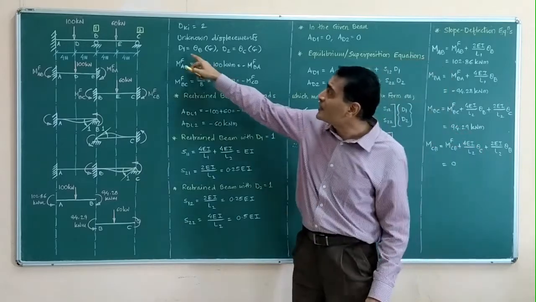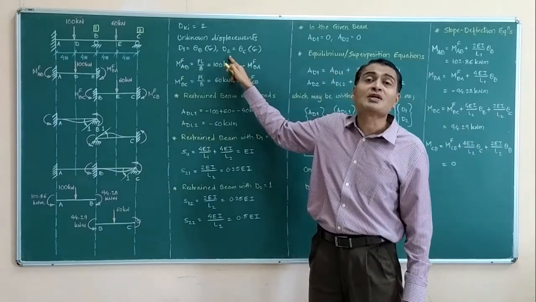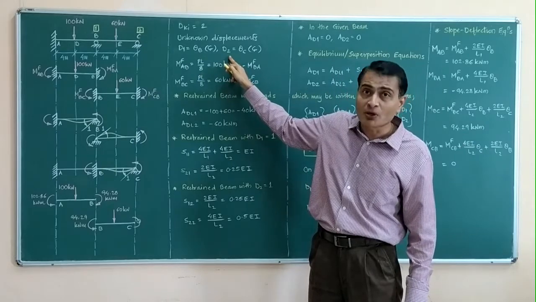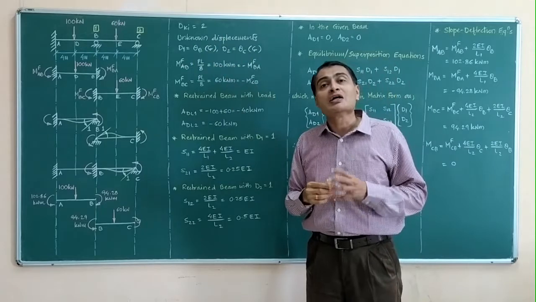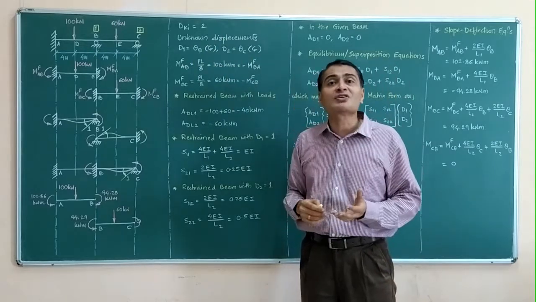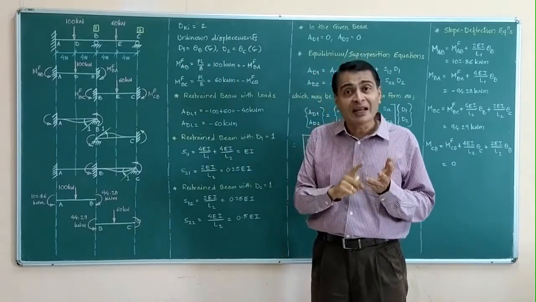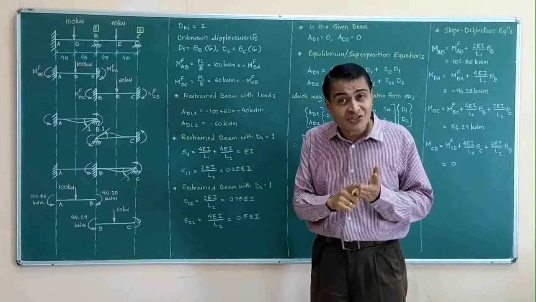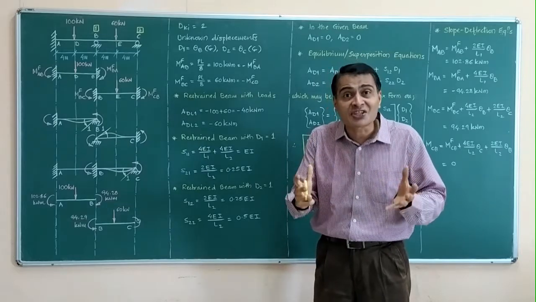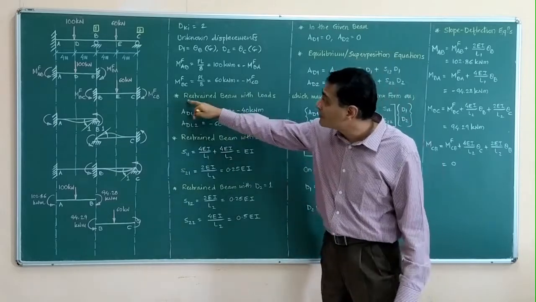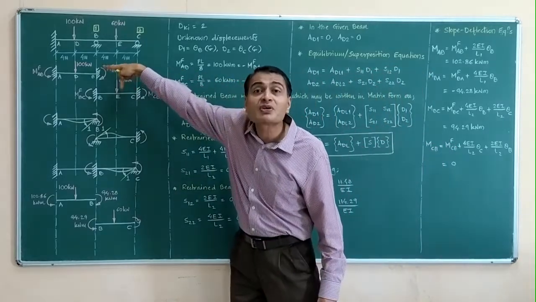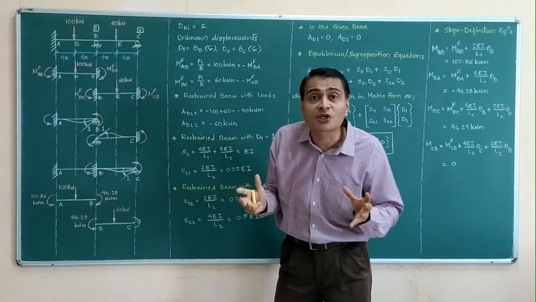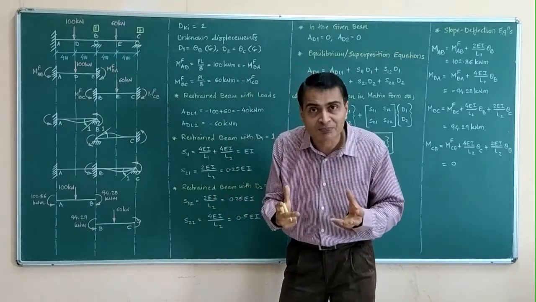So, after noting unknown joint displacements, nodal displacements as D1, D2, and after finding fixed end moments, now I come to the parameters like AD, ADL, S, that is stiffness, etc. So that is what I have written, restrained beam with loads. That means this is the first part of the superposition that I am looking at.